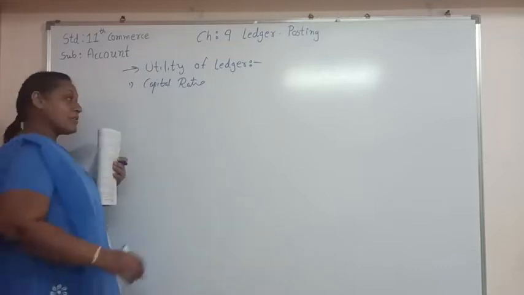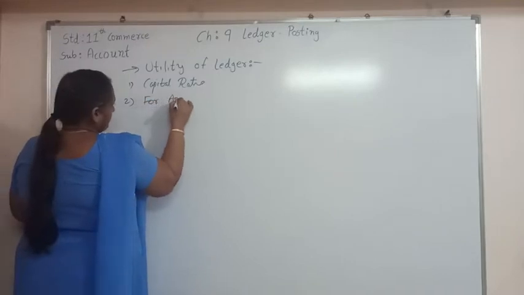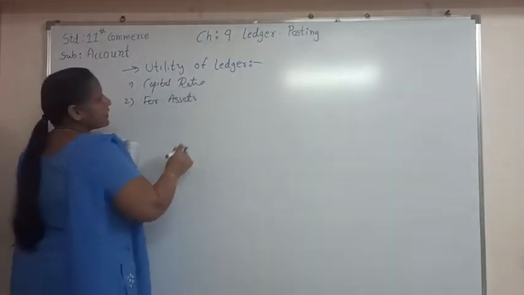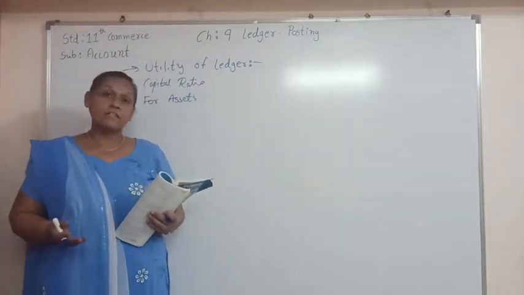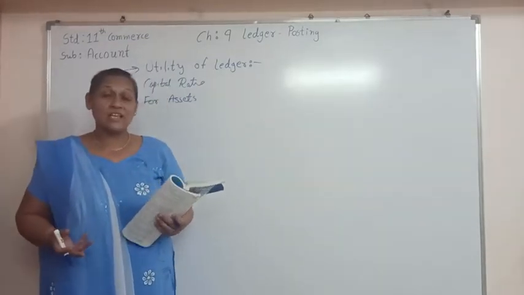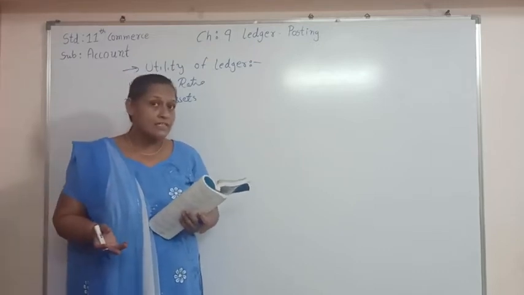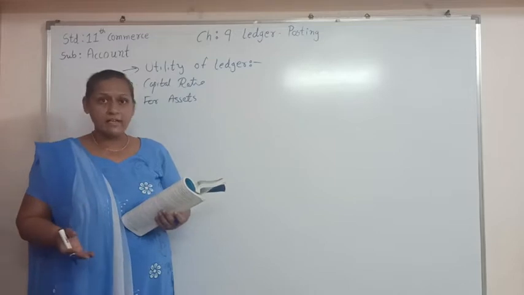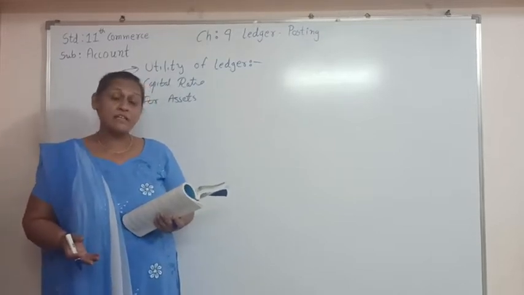The second is for assets. In the business, as we discussed before many times, there are plenty of types of asset, that is fixed asset. Fixed asset is again divided into two categories, tangible as well as intangible asset. Then there is another asset called current asset, then fictitious asset.